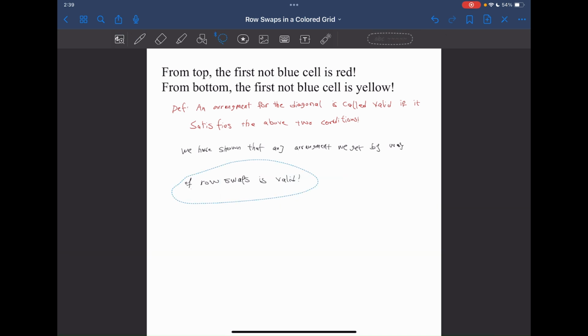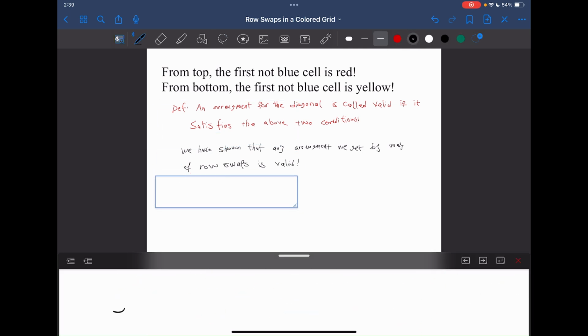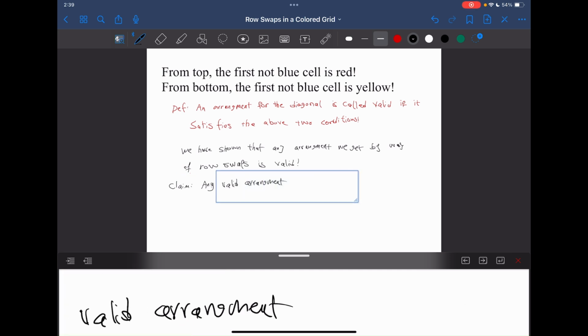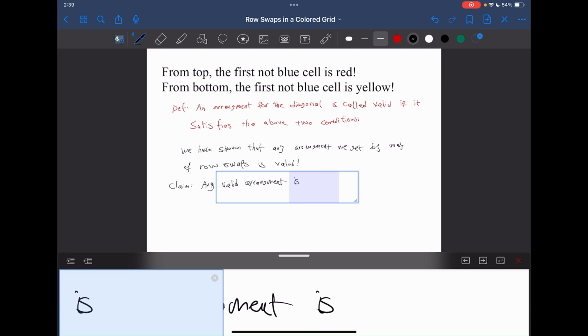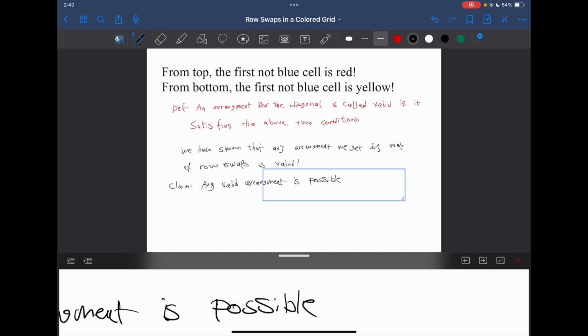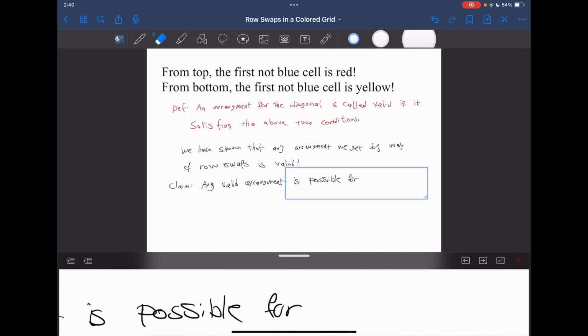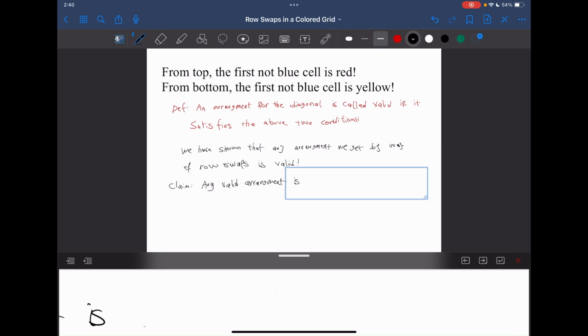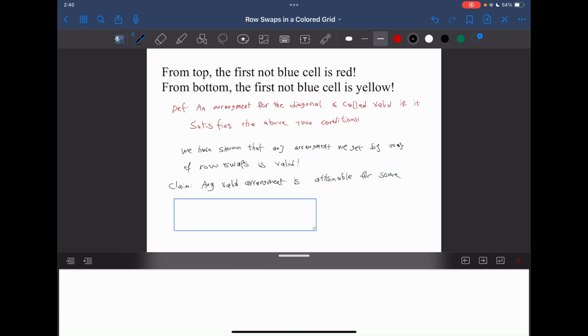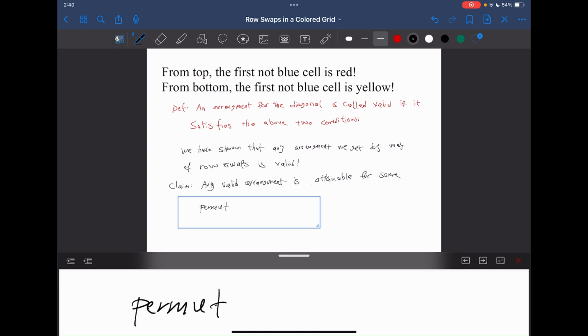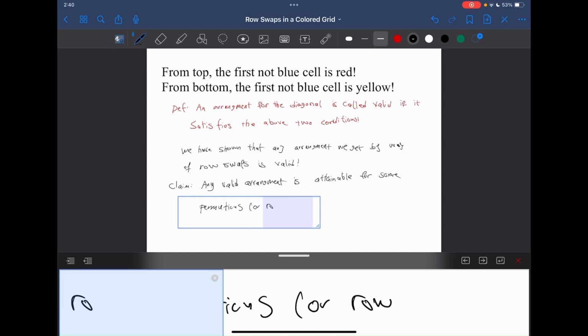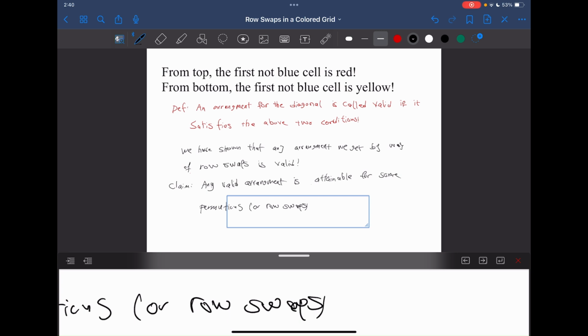And I'm going to make this claim: any valid arrangement is attainable for some permutation, which is equivalent to the row swaps that I discussed.